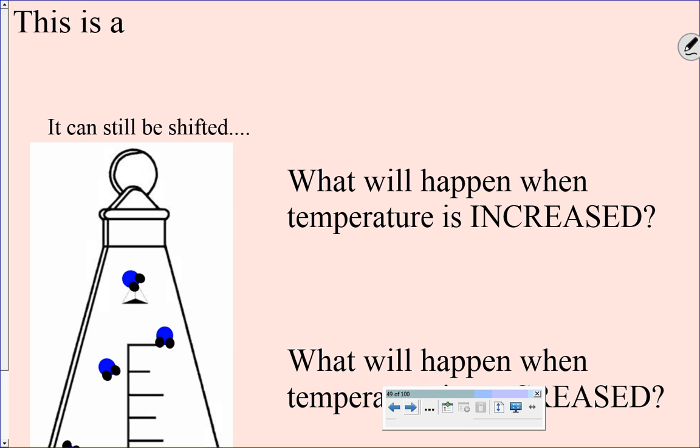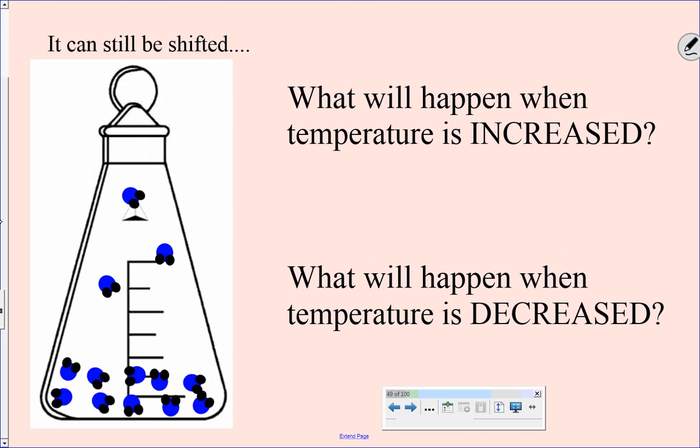We could also shift this. Again, this is a phase equilibrium, and it could be shifted by changing temperature. Opening or closing the flask is one way to change this.